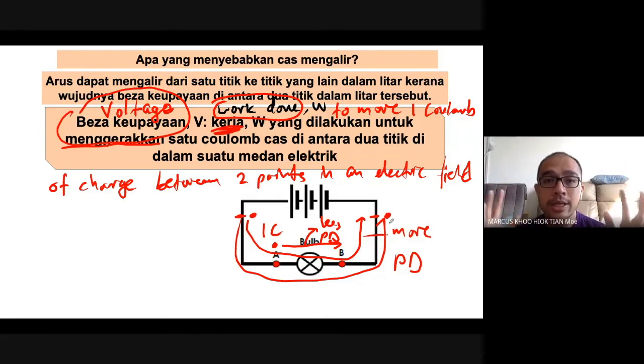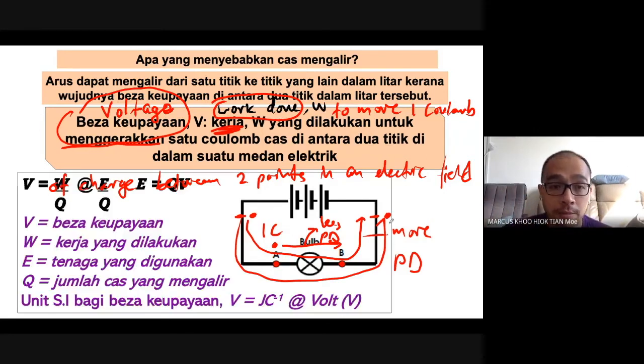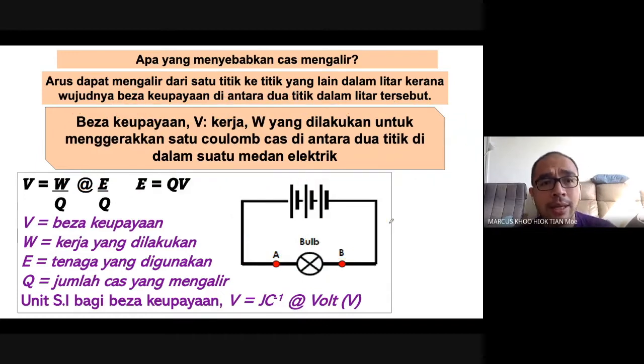Okay, so voltage, as I repeat, is how much work you need to do to move just 1 coulomb of charge between 2 points in an electric field. And so we find that the formula is V equals W over Q, or energy over the total charge flow.